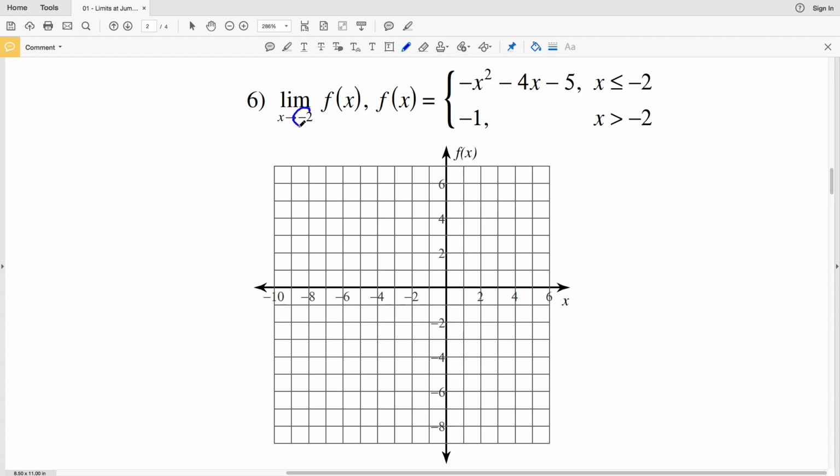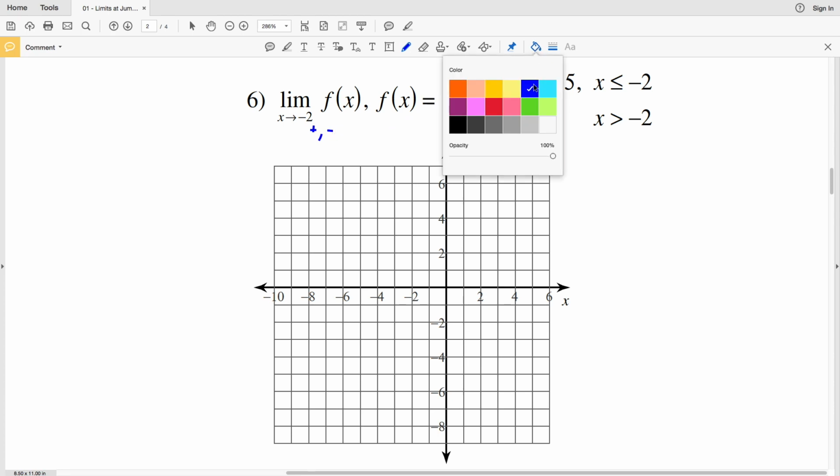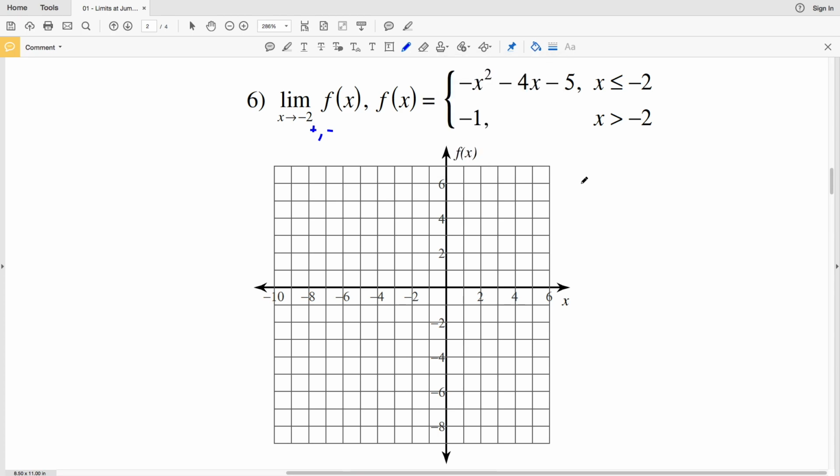For number 6, we're looking at the limit as x approaches -2. So that means we need to calculate the limit from the right and from the left. So we're going to plug -2 in for each of these equations. So in our first quadratic, we're going to have the opposite of -2 squared minus 4 times -2 minus 5.